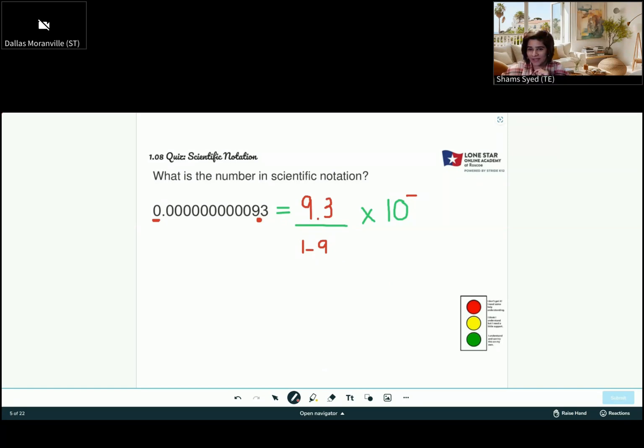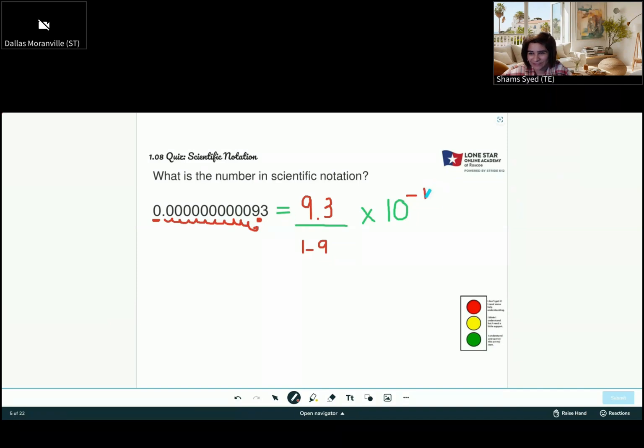Okay. What is going to be the exponent over here? Exponent, Vida, is going to be a negative 11. It looks like the right answer, Huria. Vida, let's count. 1, 2, 3, 4, 5, 6, 7, 8, 9, 10, and 11.